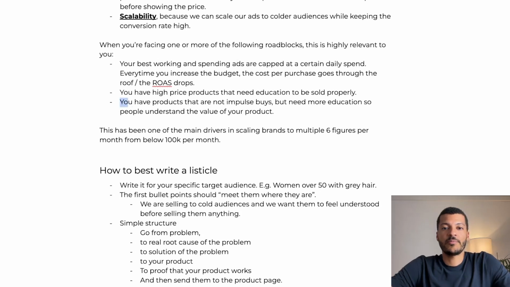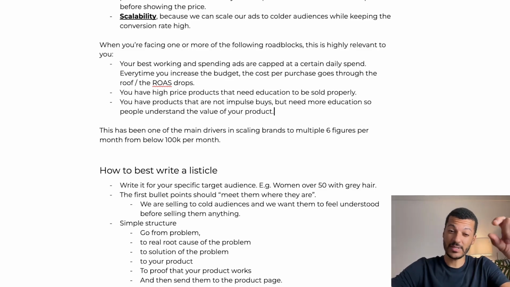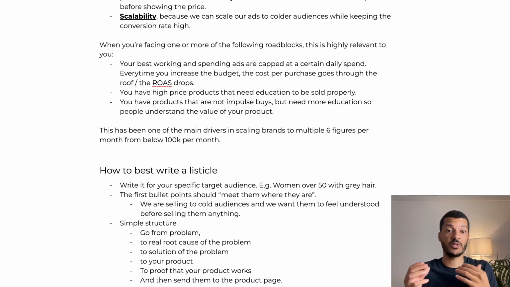All right, so you have products that are not impulse buys, but need more education so people understand the value of your product. This is not the same as the second point, but this could also be the case if you sell lower priced products. Let's say, for example, a subscription, right, where it's about, I don't know, supplements for your gut health.